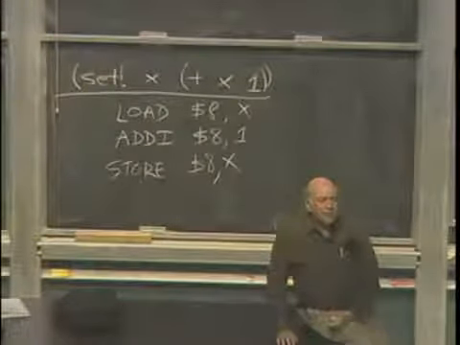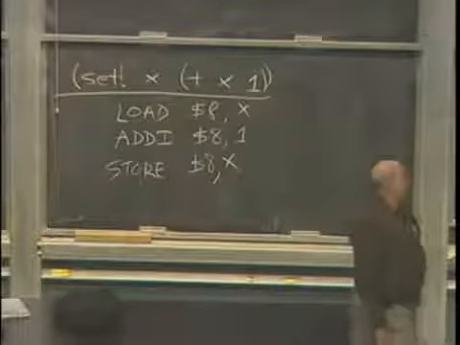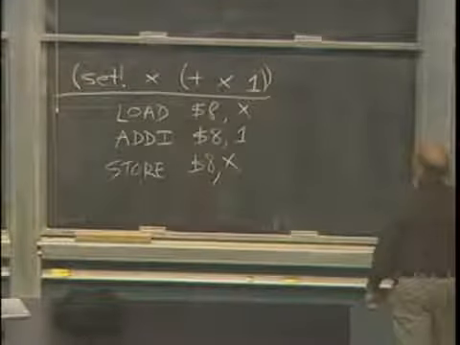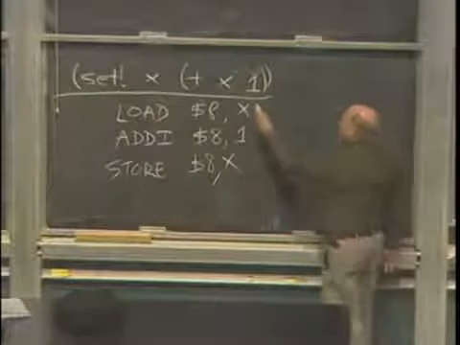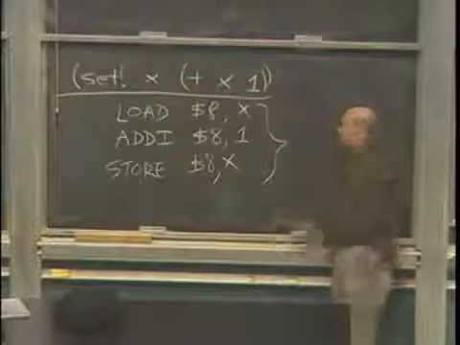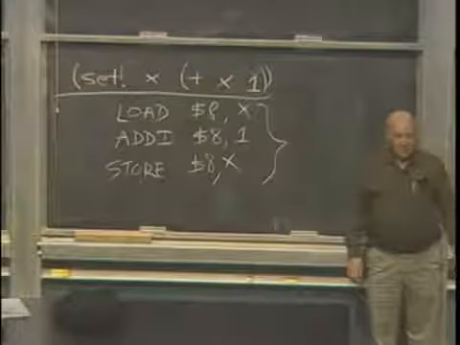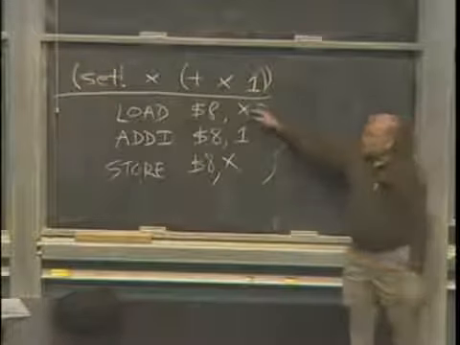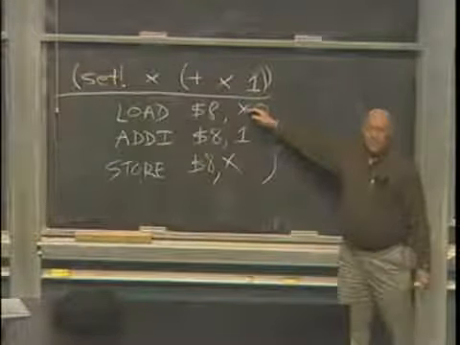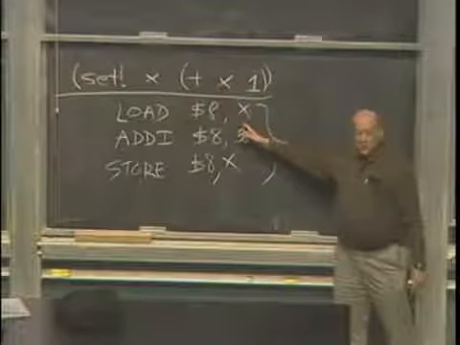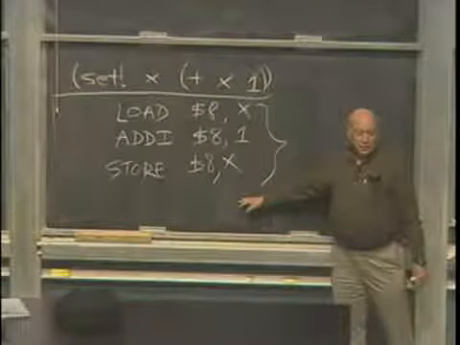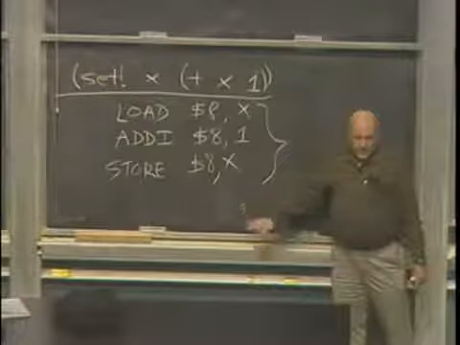Instead, what you have to do is have the idea of a critical section. You have to say, these three instructions are uninterruptible. Okay, once we've done this load, nobody else is allowed to look at X until after this store. Okay?